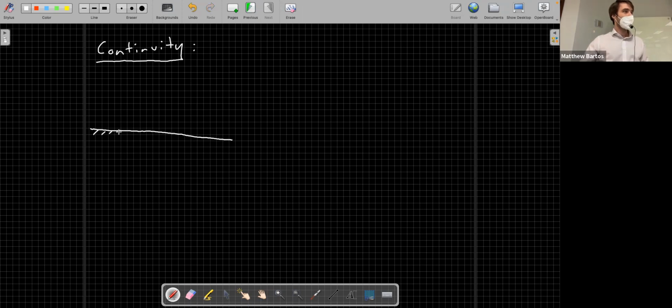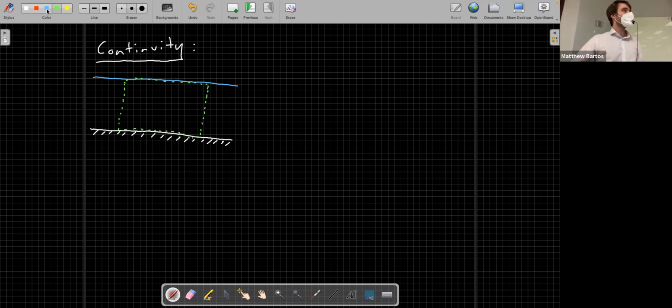This is the bottom of the channel here. We have some water surface up here. And let's define a control volume inside of this channel. I'm going to define it with this little green boundary here. So we're just looking at the mass balance within this control volume here.